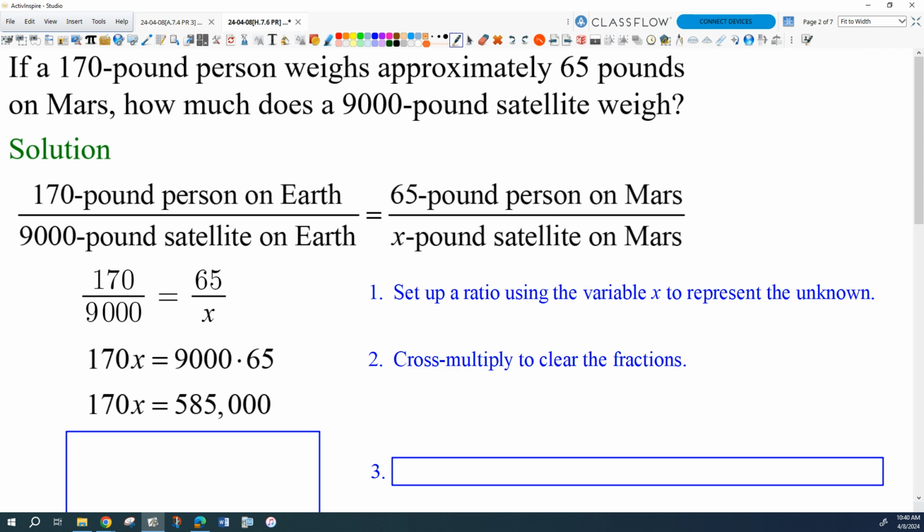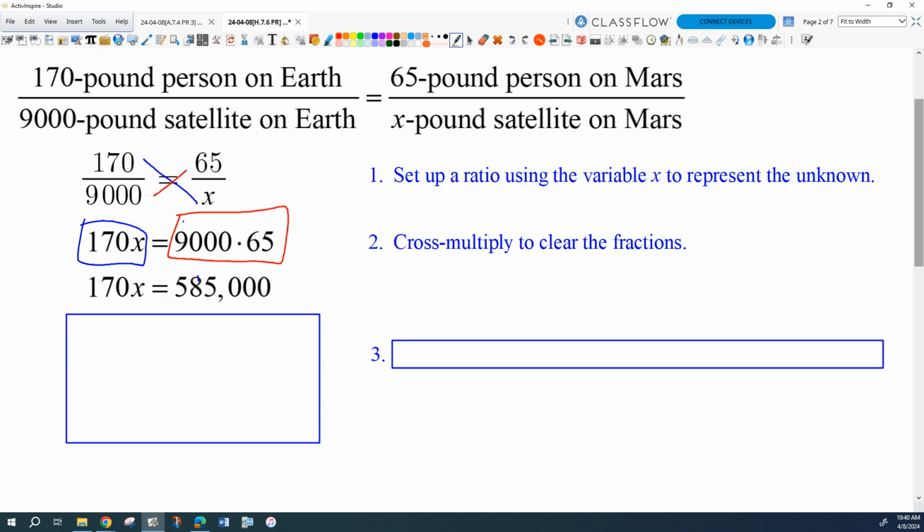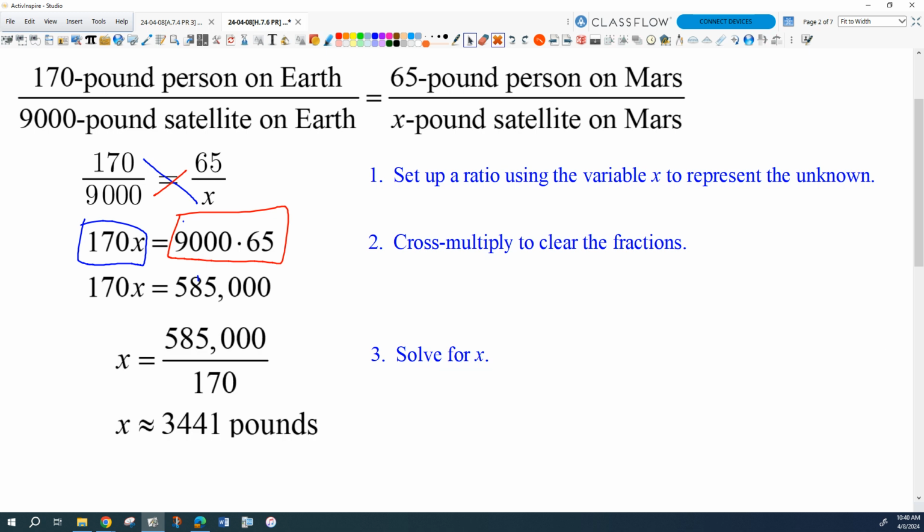We would take the cross product 170 times x equals the cross product 9,000 times 65, which is right there. And that gives us a really simple equation to solve. Now it's easy to isolate x, right? I just divide both sides by 170 and I got it. So that was an easy one, no big deal. So it's roughly 3,441 pounds. Okay, no big deal.